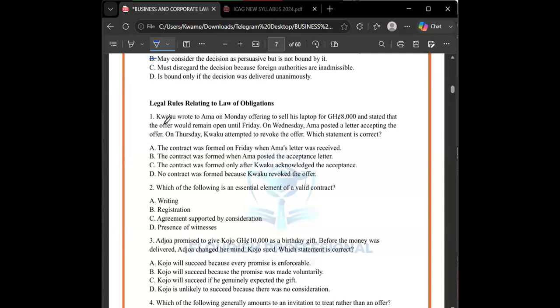So over here, the independent and impartial person, after hearing the case, renders a decision that is binding on the parties.